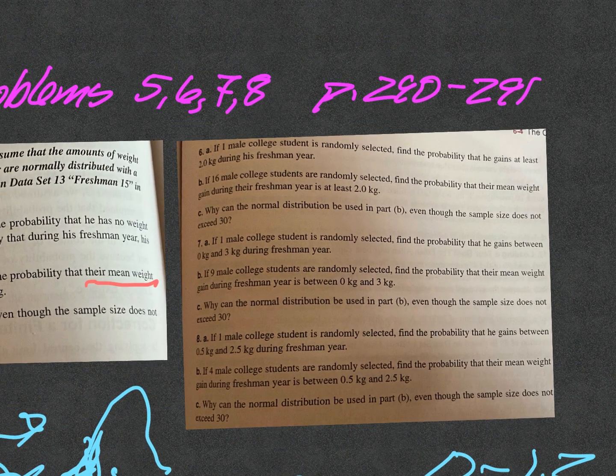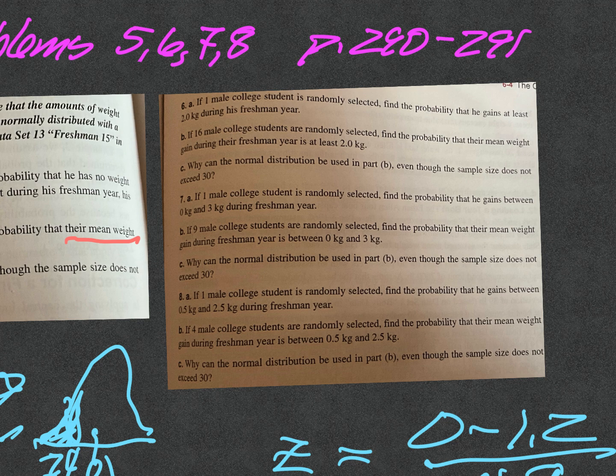So I'm going to expand this and we'll look at the rest of the problems. 6A, if one male college student is randomly selected, find the probability he gains at least 2 kilograms, okay? If 16 male college students are selected, find the probability that their mean weight gain during their freshman year is at least 2 kilograms.